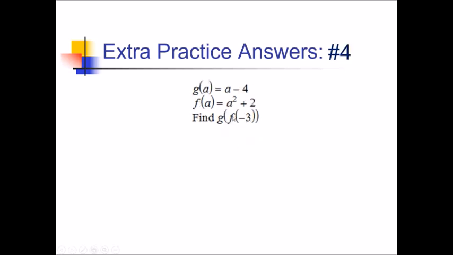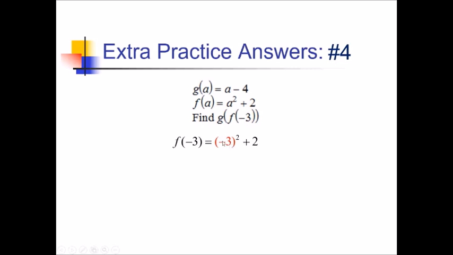For this problem, I'm doing g of f of negative 3. So I really need to do f of negative 3 first and figure out what that is, and then I can plug that number into the g function. So let's start with f of negative 3, which, using my f function here, is going to be negative 3 squared plus 2. Notice I put the parentheses around the negative 3.